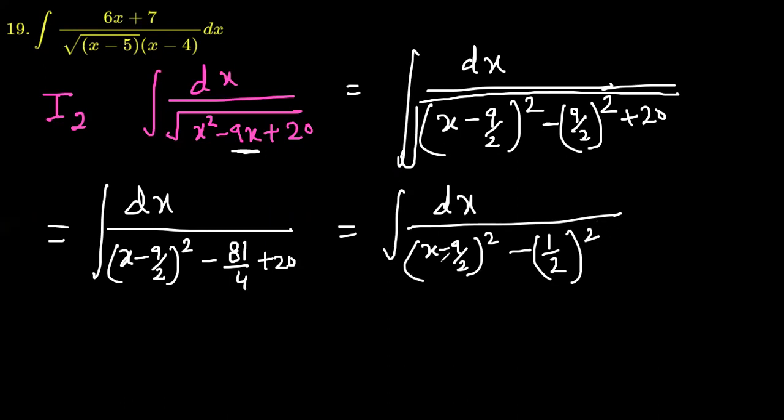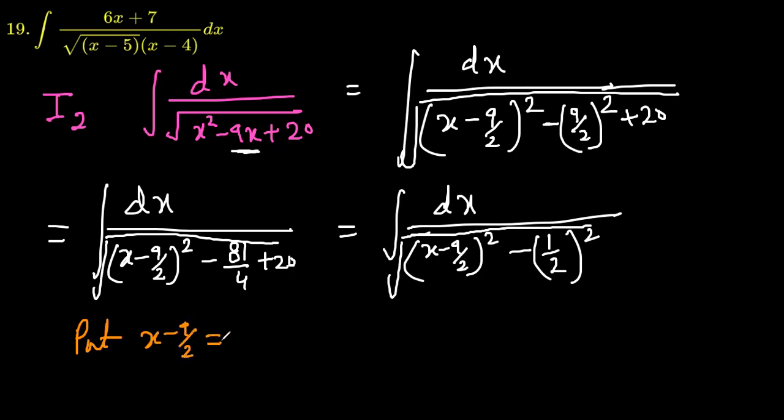Now this is of the type x squared minus a squared, 1 by under root, and the root sign is over this whole expression. Now we can put x minus 9 by 2 equal to t.